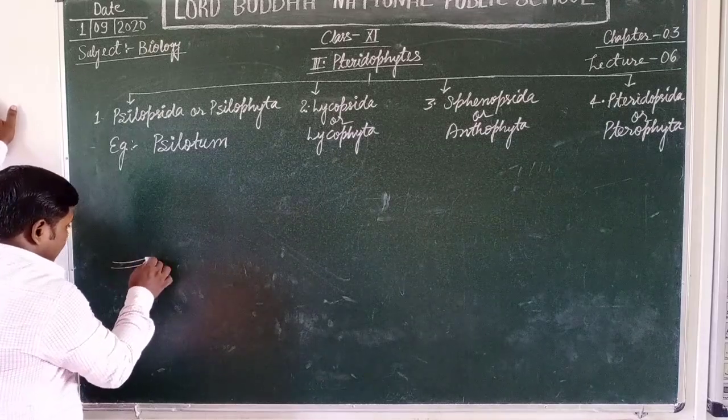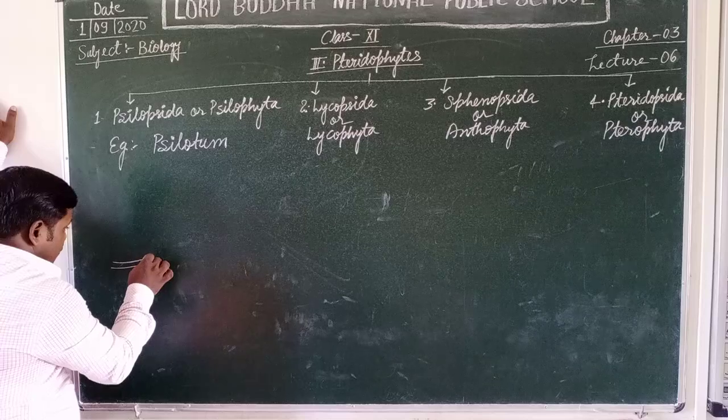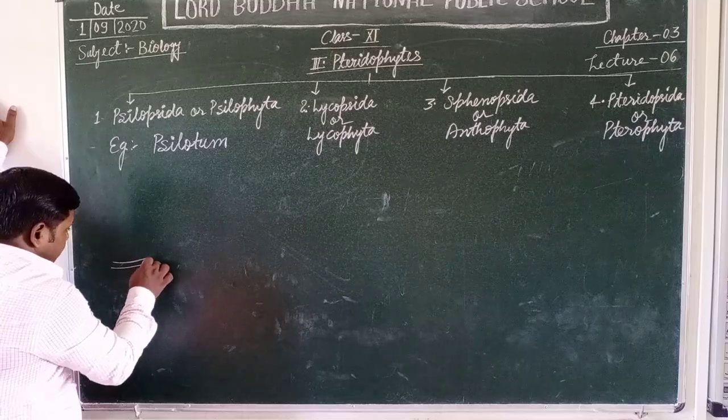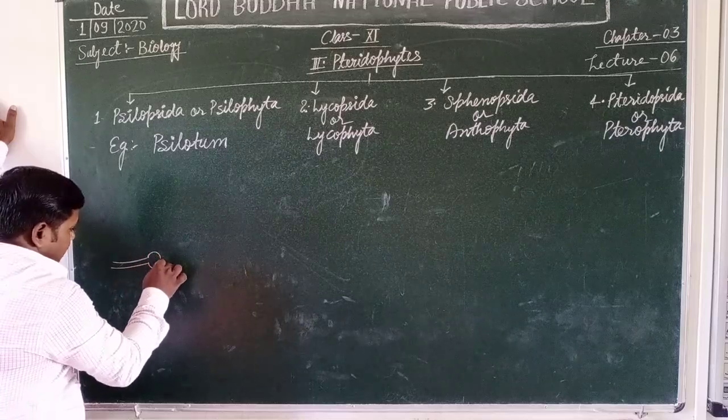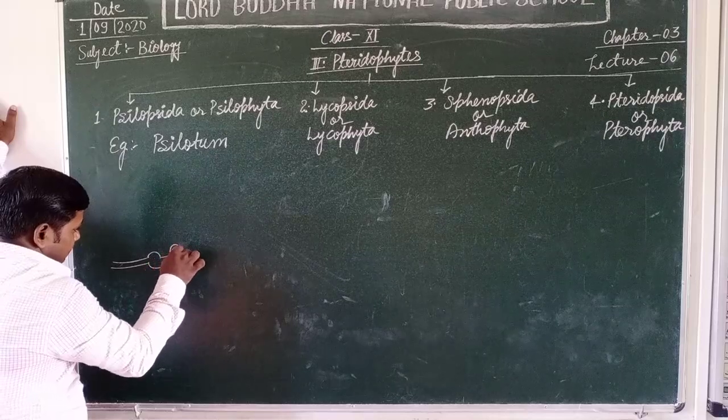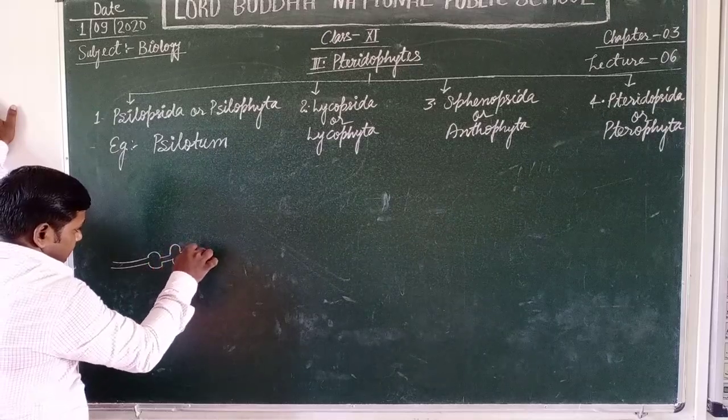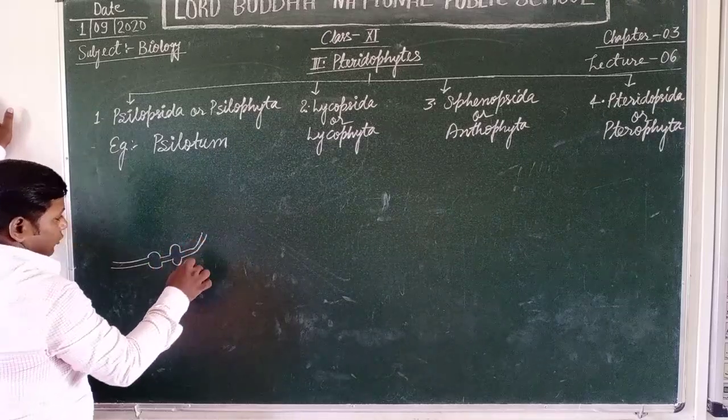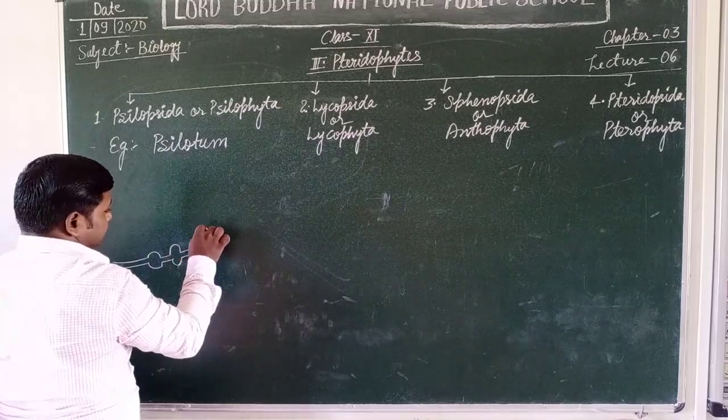This is the rhizome at which many nodes and internodes are present.